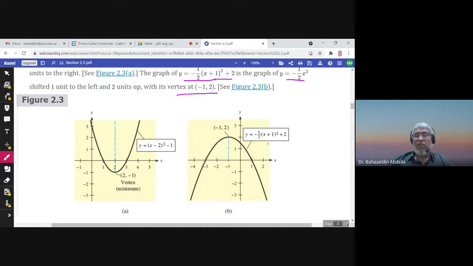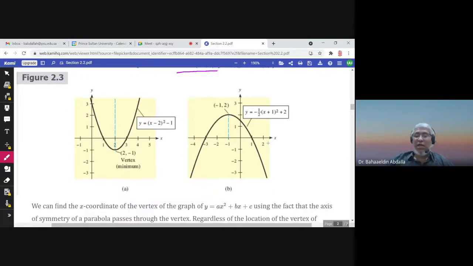So if you have this form, you can immediately write the vertex. For example, if you write the parabola a times x minus h squared plus k, then the coordinates of the vertex would be h and k. So you take h with a negative sign, but k as it is.